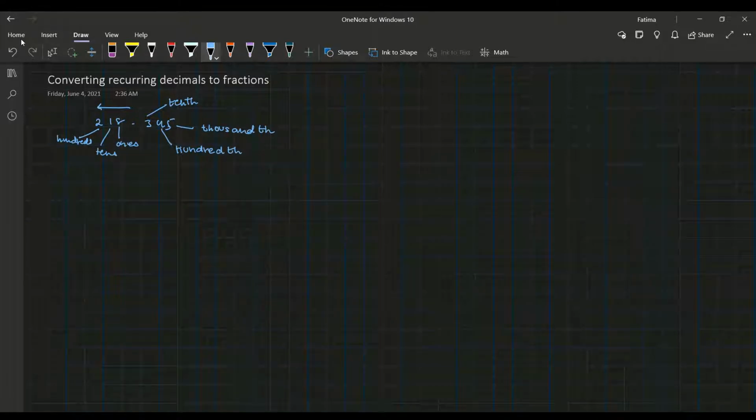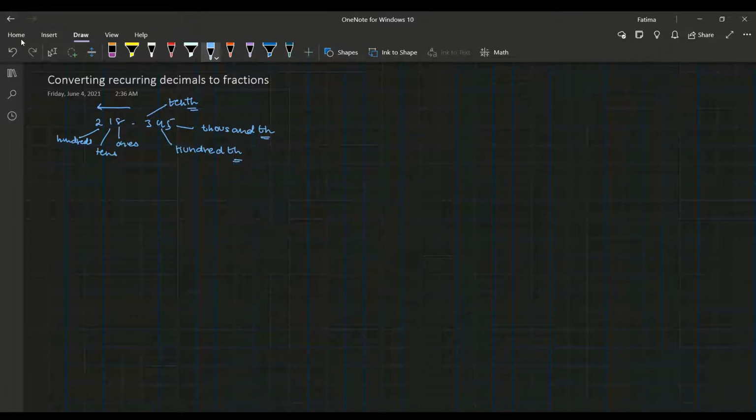So on the left hand side, starting from the rightmost, it's ones, tens, hundreds, thousands, and so on. But after the decimal point, starting from the left and going to the right, it goes from tenth to hundredth to thousandth, and so on. They all end with th.